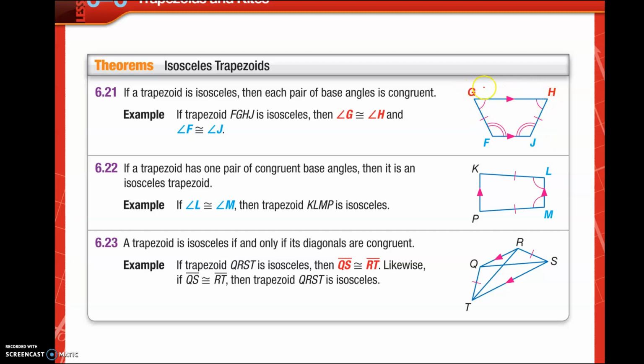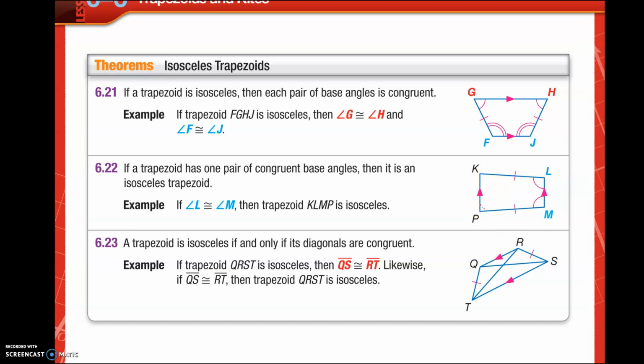Again, this GH is a base, and these base angles are equal to each other, and FJ is a base, and those angles are equal to each other. If a trapezoid has one pair of base angles congruent, then it's isosceles. If I see these angles equal, I know these sides are equal, which means then these angles are equal.